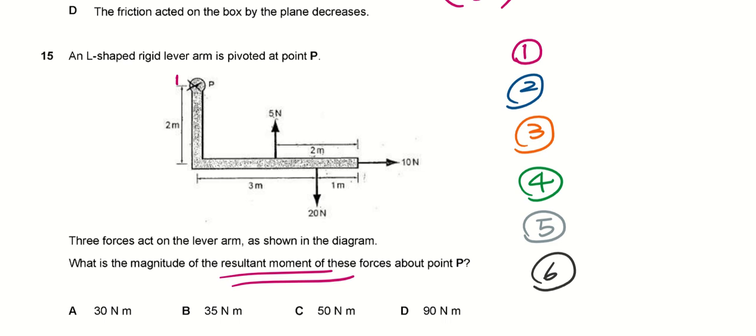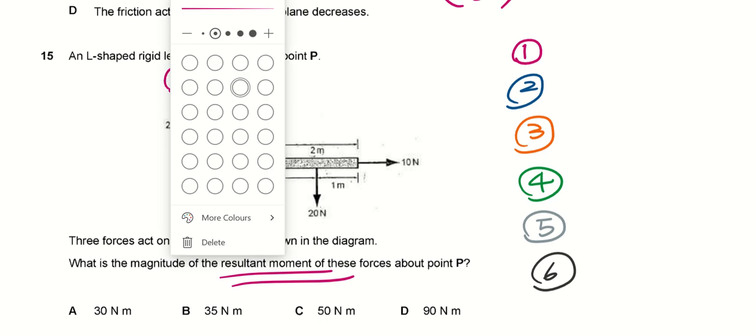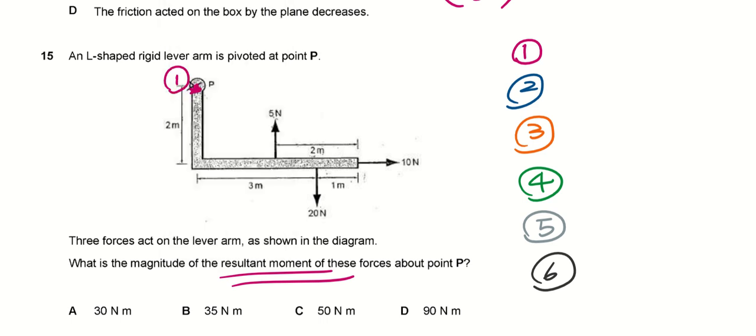Step 1 is this, given. Step 2, you follow the color. Step 3, the most difficult one, finding the perpendicular distance.